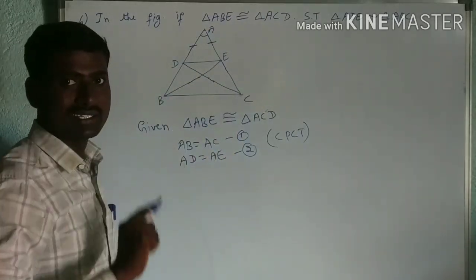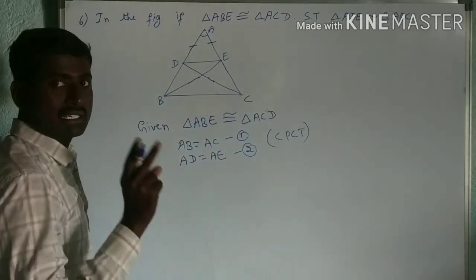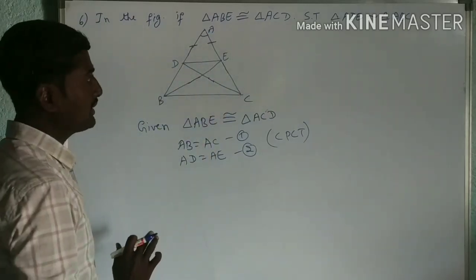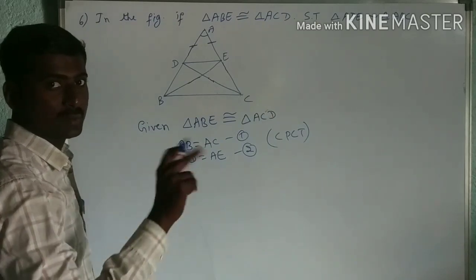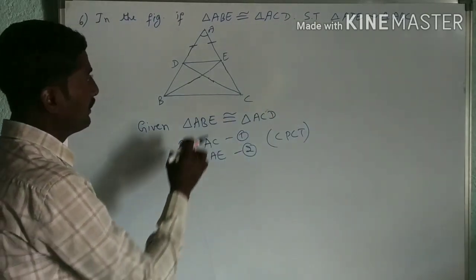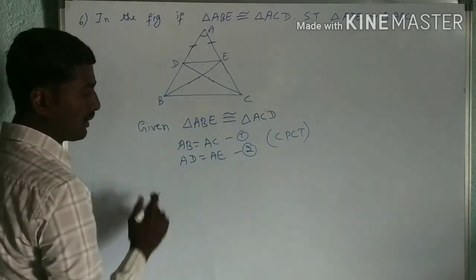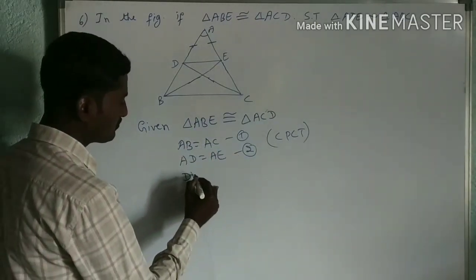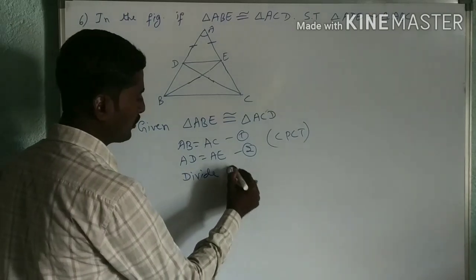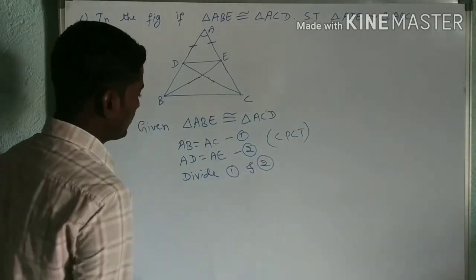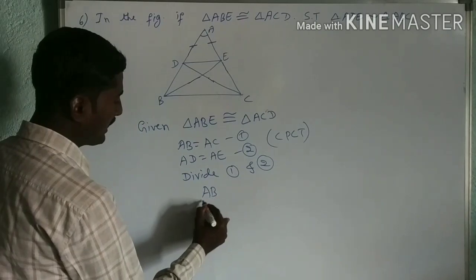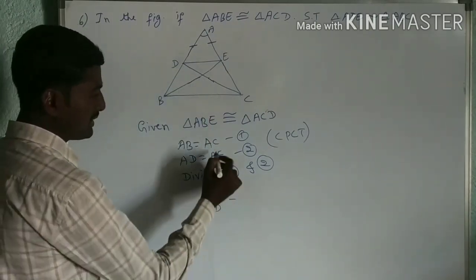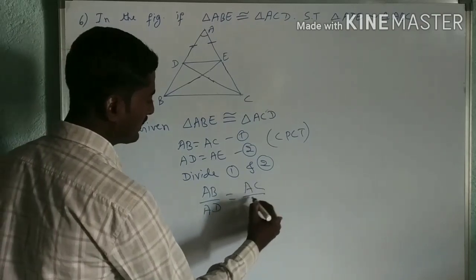I got one condition, that is A. For the other two sides, let us divide equation number 1 and 2, so AB divided by AD is equal to AC divided by AE.